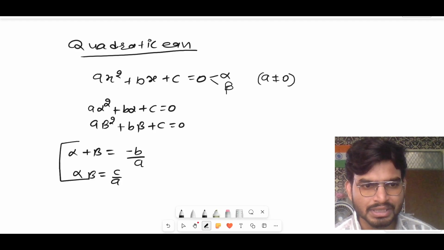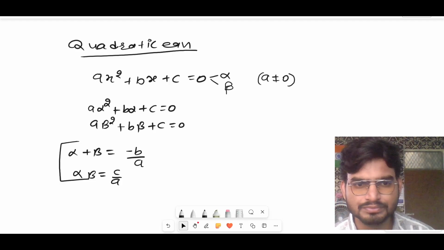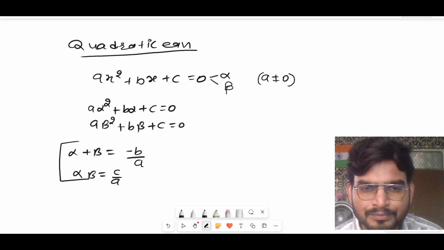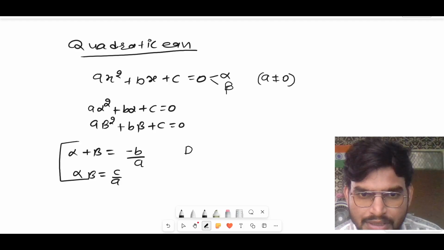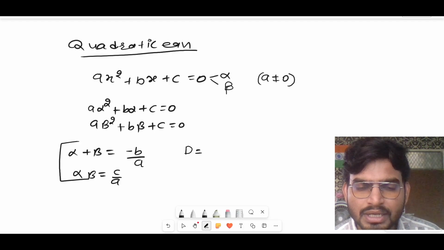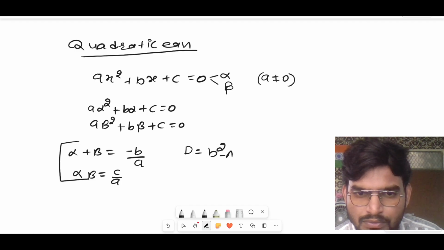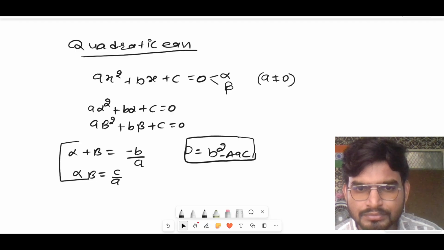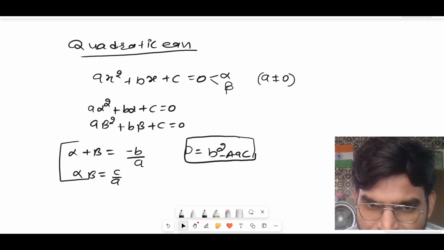So from here we have the sum and product of the roots, and we also have D, which means discriminant, and this will be b square minus 4ac. So D equals b square minus 4ac, and D means discriminant.